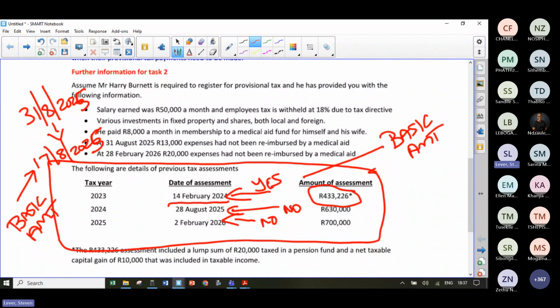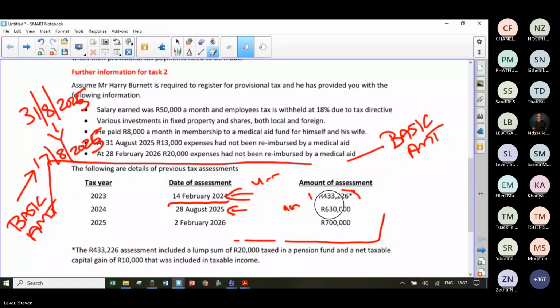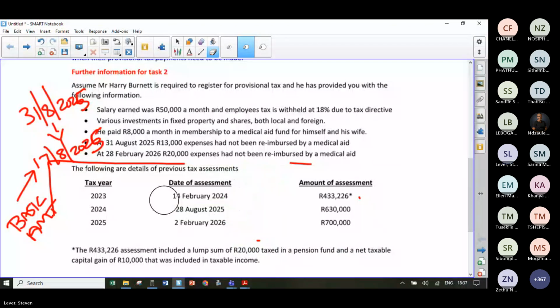The next principle, guys, is a couple of things. So I'm interested in this at the bottom of the page. It says the 433,226 assessment included a lump sum of 20 from a pension fund and a net taxable capital gain of 10,000 included.